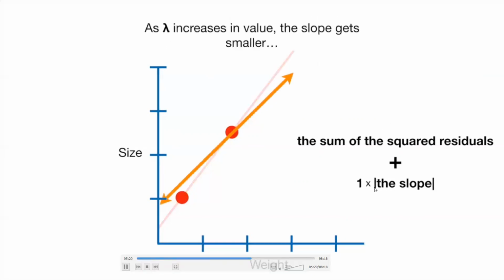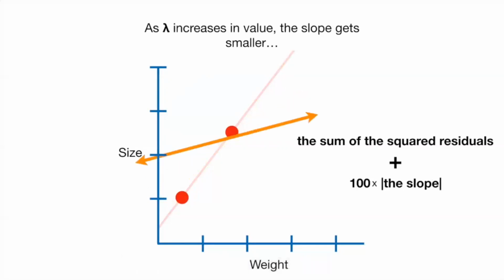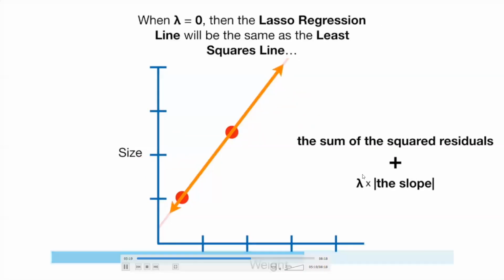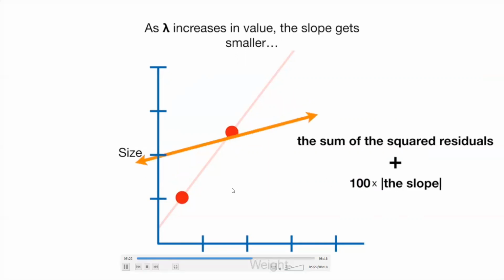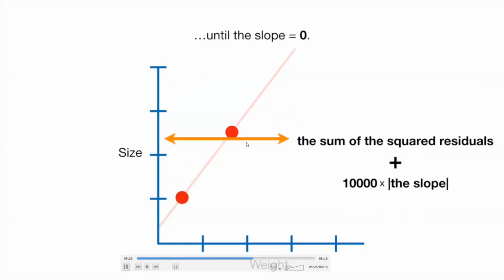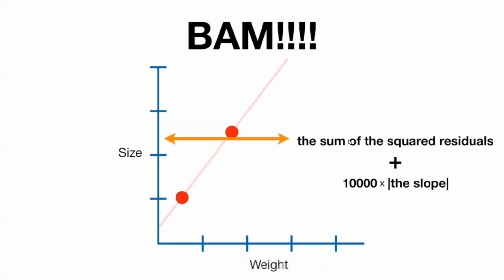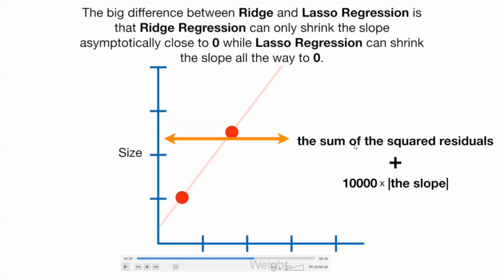But let's say that instead of using the squared norm, we use the absolute norm. As we increase the value of lambda, the line gets more horizontal, the slope starts getting towards 0, and for some value of lambda it will be exactly 0. We'll see how that works. For example, for a lambda of 10,000, we'll get this horizontal slope, where m is equal to 0.